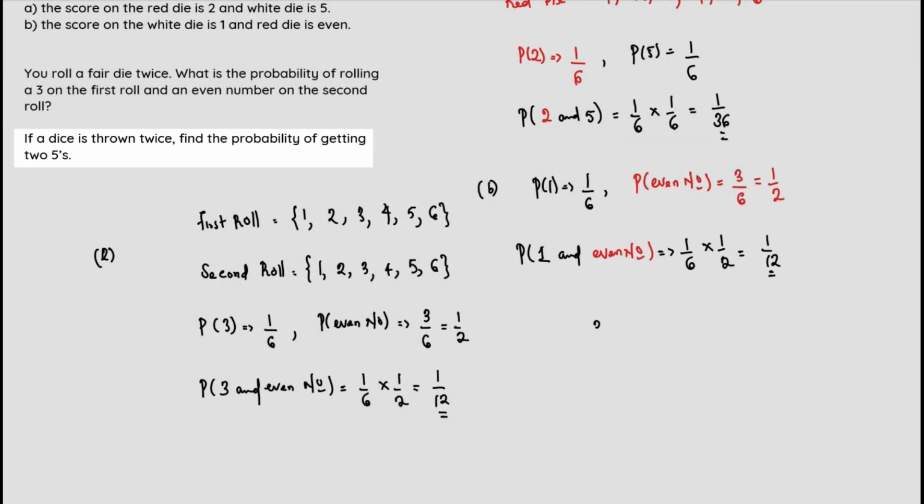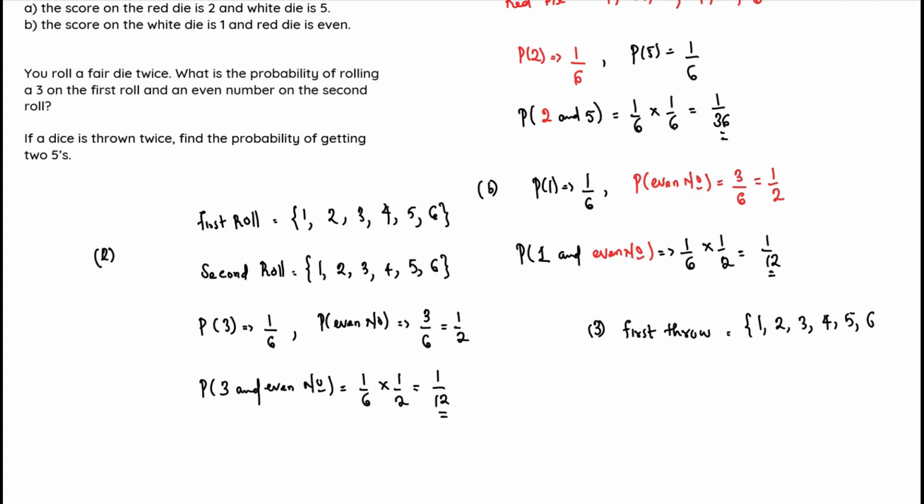We can call this question 3. For the first roll, the sample space is 1, 2, 3, 4, 5, and 6.